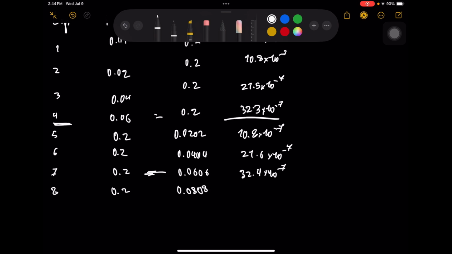And here we get 43.4 times 10 to the power of -7. So as you can see, there is a linear relationship between them.